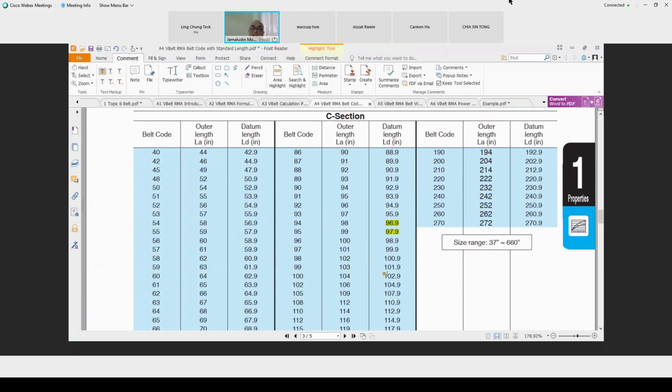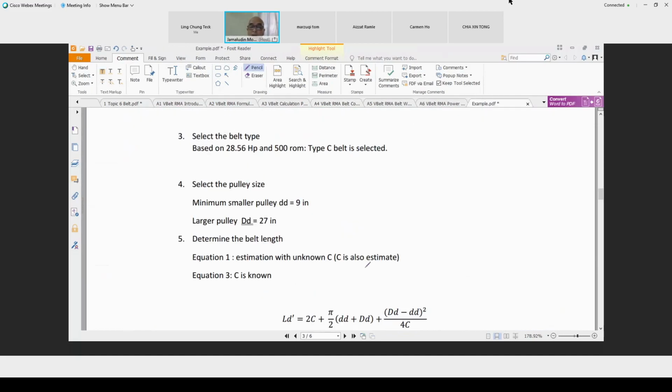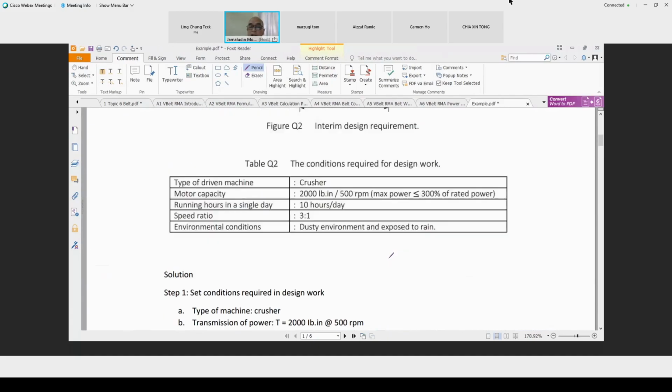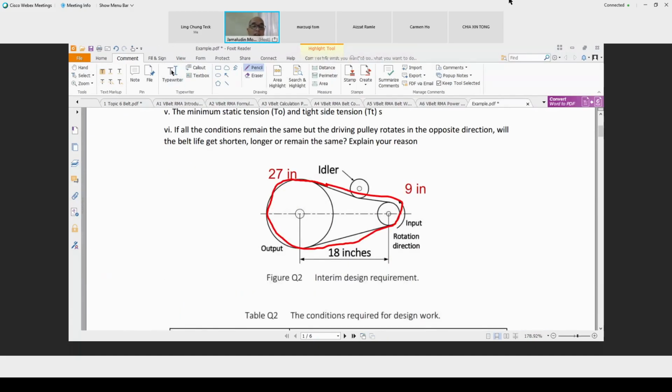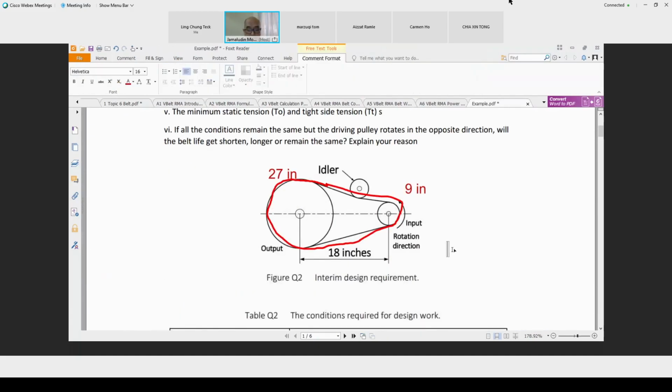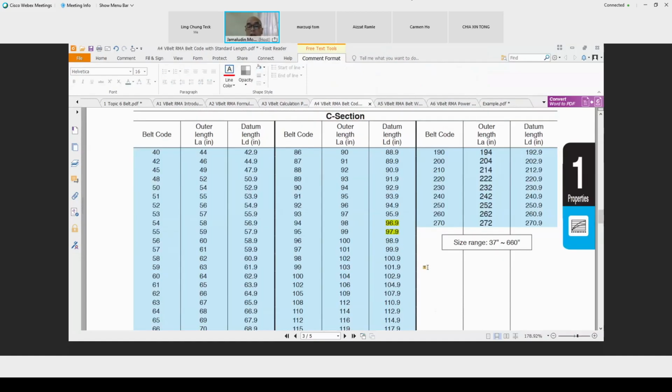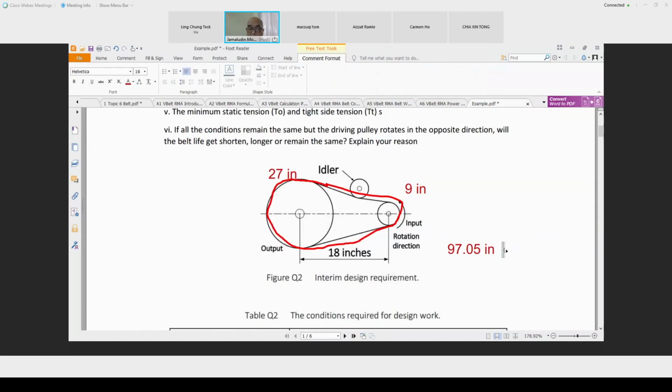Right. You can choose either 96.9. If you choose 96.9, right here, this is going to be the minimum. The length, if you have this configuration, is going to be 97.05 inch. We have two choices here based on the table.